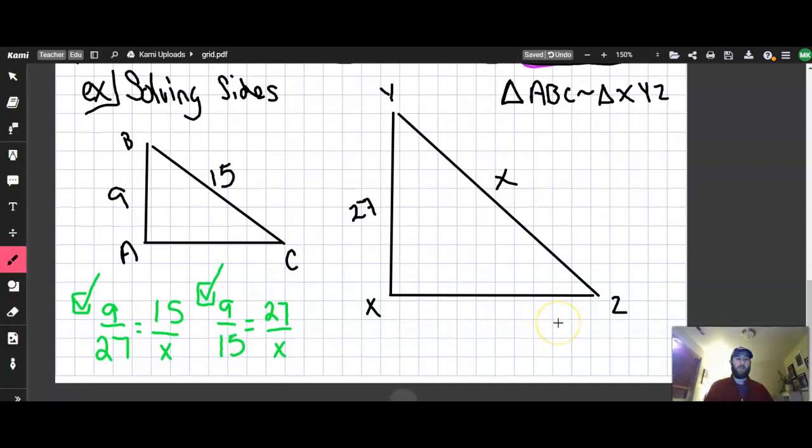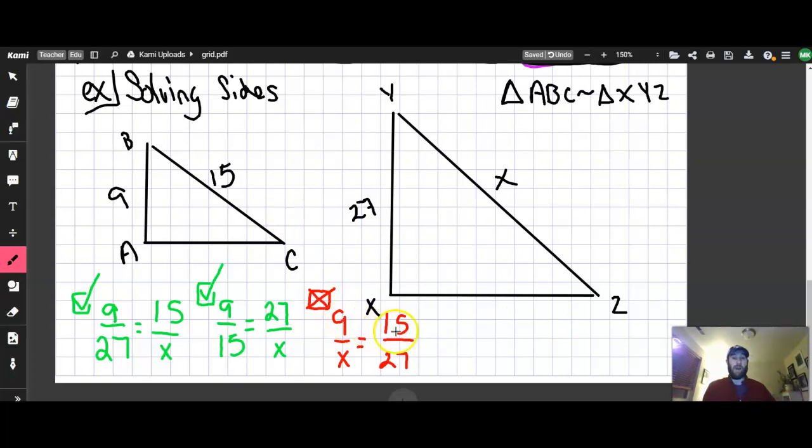Ladies and gentlemen, the one that does not solve for x, which I'll go ahead and write in red, just like red light, green light, is this fraction: 9 over x equals the 27, or no, sorry, the 15 over the 27. This does not work to solve for our variable, and here's why.